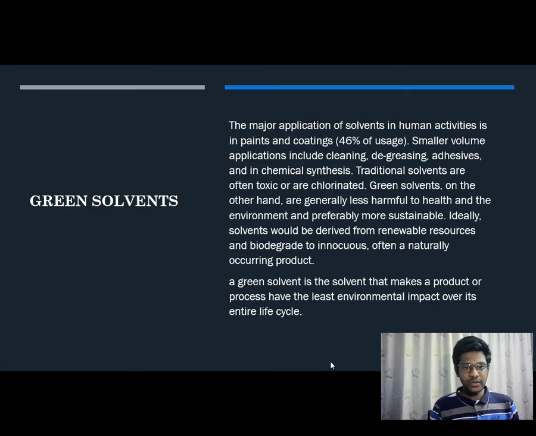which are green solvents. The major application of solvents in human activities is in paints and coatings, which is up to 46% of usage, and smaller volume applications include cleaning, degreasing, adhesives, and chemical synthesis. A green solvent is a solvent that gives a product or process the least environmental impact over its entire life cycle.